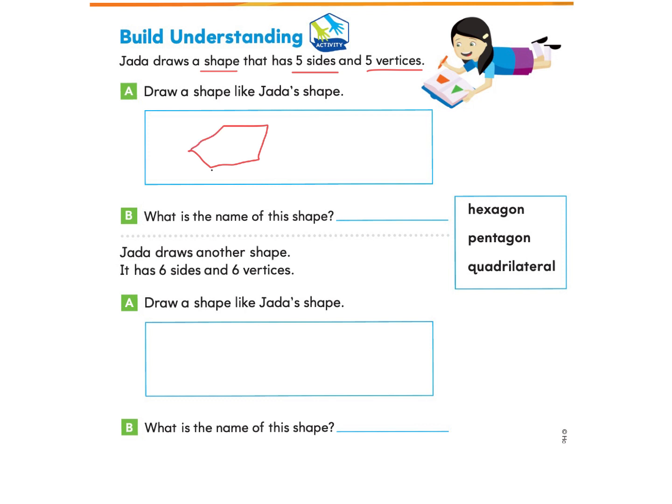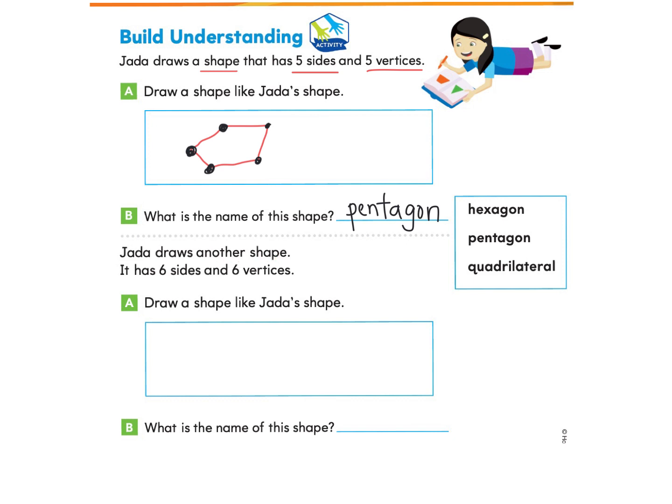I know I've drawn 5 sides, but I'm going to check the vertices. 1, 2, 3, 4, 5. Okay, perfect. Now, what is the name of this shape? I have some options here to pick from. I'm remembering that a shape with 5 sides and 5 vertices is called a pentagon. And that is right here in our box of words to choose from. Pentagon.